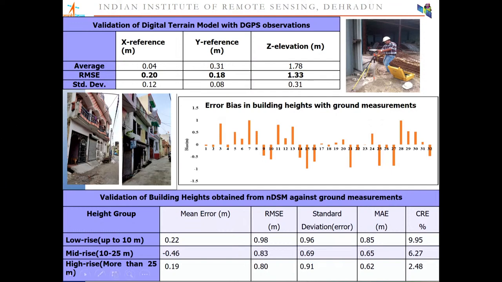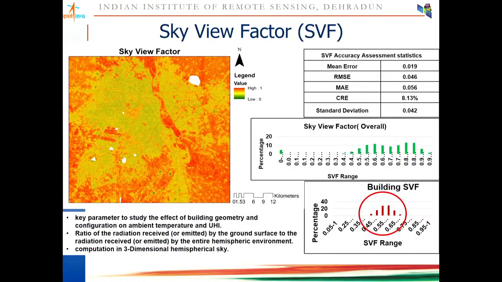So that building height was measured and then it was validated. Here you can see that almost all the height groups are showing RMSE of 1 meter. Because of that, this data is found to be quite suitable for further analysis and computation of urban canopy parameters.